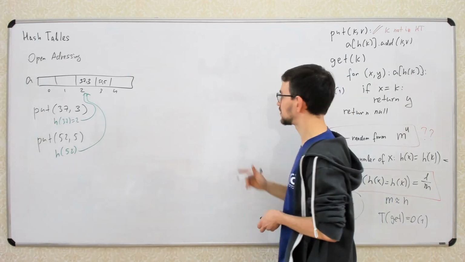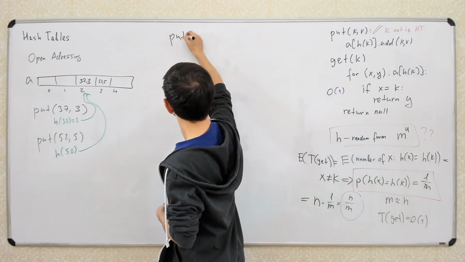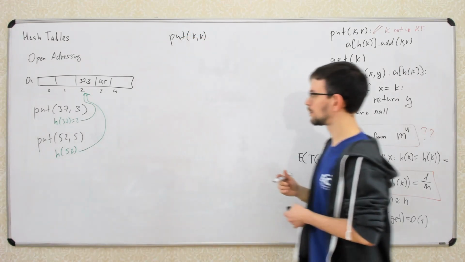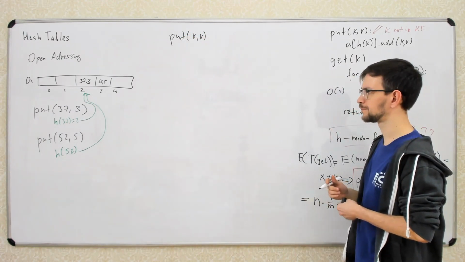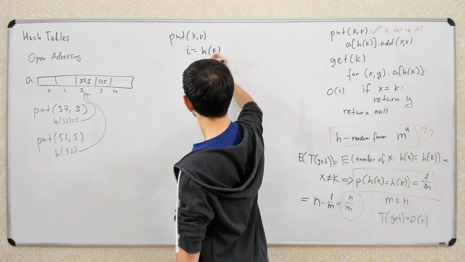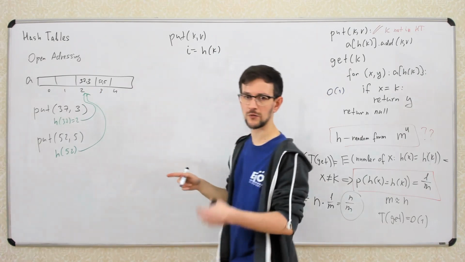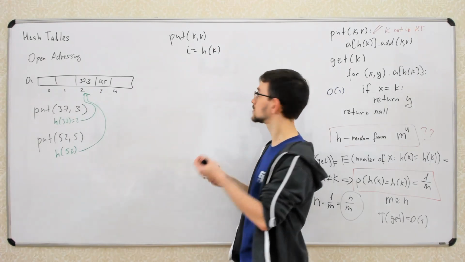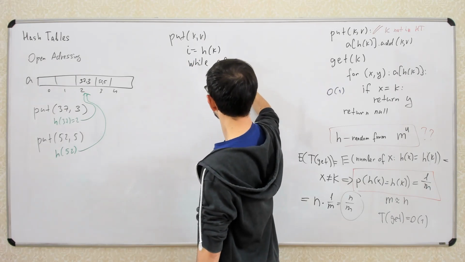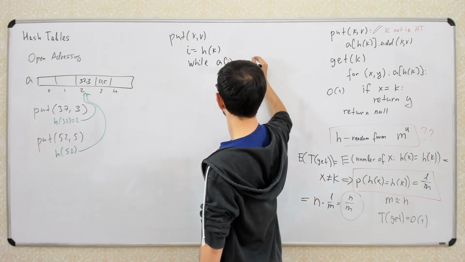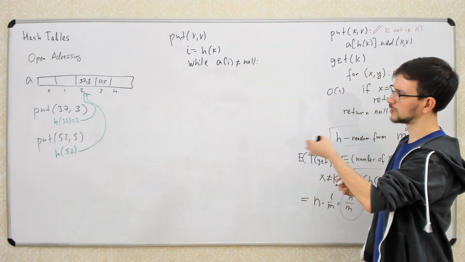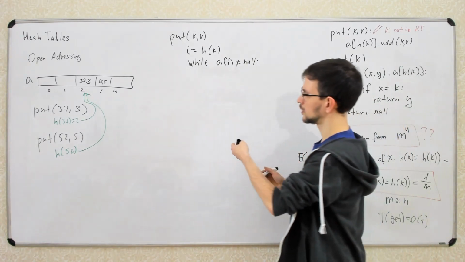Let's write some simple implementation. So what happens when you put some value? Again, let's calculate the hash from this key and go to the right until we find the empty cell. So while A[i] is not null, we just go to the right, and let's do it in cycles.